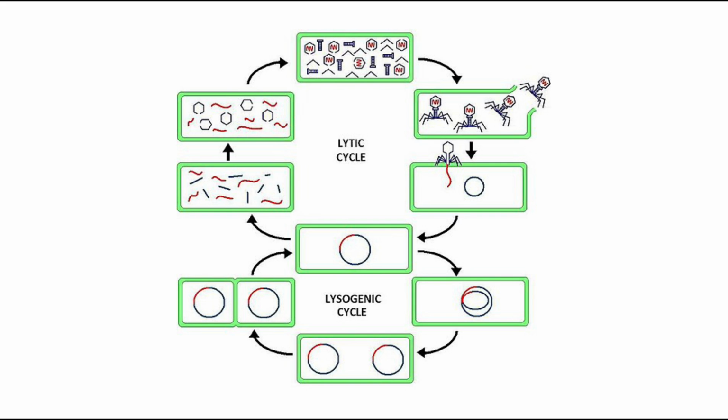The viral genome in the lytic cycle replicates independently, whereas in the lysogenic cycle it is integrated into the host genome. The symptoms of the lytic cycle are acute, whereas in the lysogenic cycle they are latent or dormant. The example of the lytic cycle is T4 phage, and of the lysogenic cycle it is lambda phage.